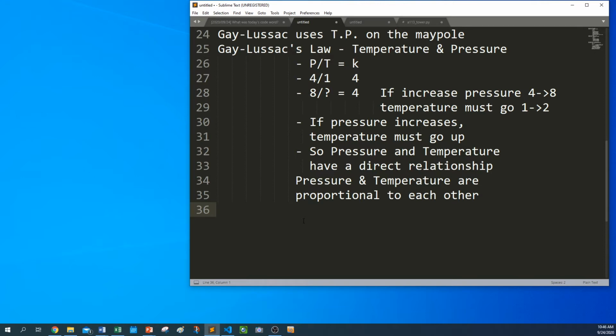So you need to know about the three main gas laws. You need to memorize the combined gas law. So combined gas law: P times V over T is equal to some constant.